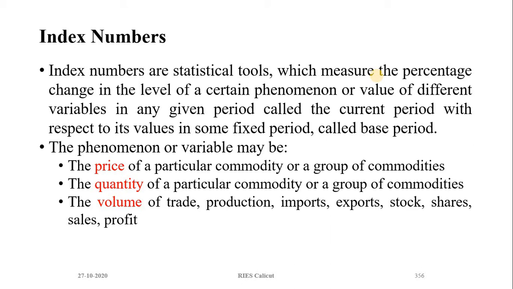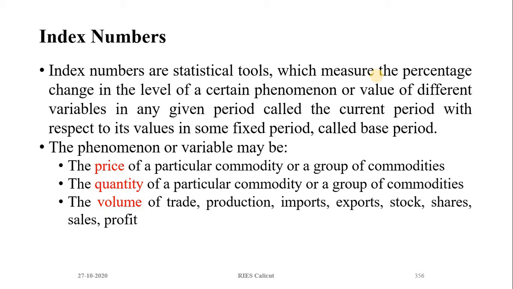So an index number is a statistical tool that measures the average percentage changes in any phenomenon or any value of different variables. This variable can be prices, quantities or volume, whatever it may be. This index number will measure the average percentage changes between two different periods, the current period as well as the base period.